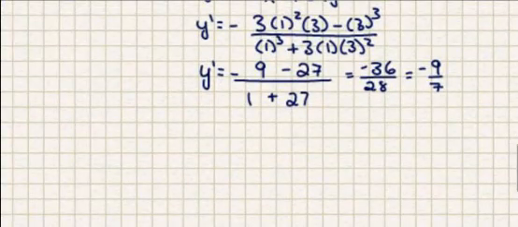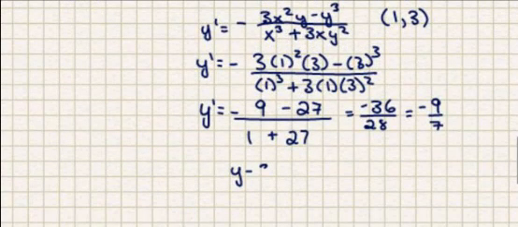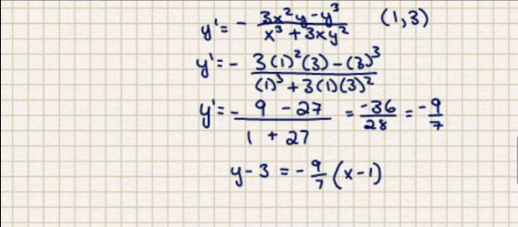So we get y minus f of x1, which was 3, equals your slope, negative 9 over 7, times x minus 1. And that's the equation of the tangent line.